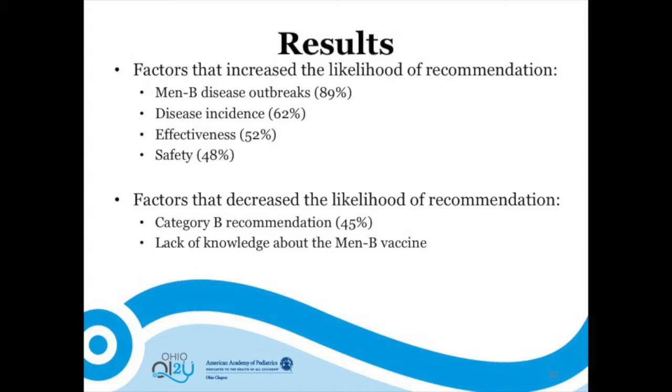Looking at factors that decrease the likelihood of recommendation, the fact that it was a Category B recommendation, 45% indicated that was a reason that made them less likely to recommend this vaccine. And the other big factor was a lack of knowledge about meningococcal B vaccines.